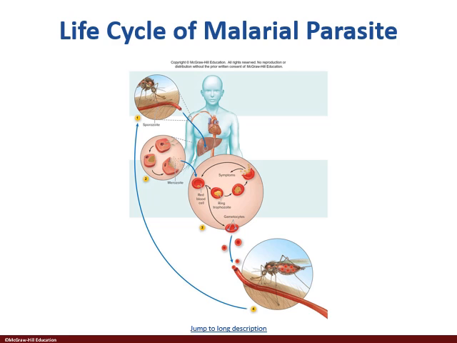They begin to leave the liver, entering into the bloodstream, and then infecting the red blood cells. Here, as it's going into the red blood cells, you will see a maturation process. One goes in, dozens come out, spread to neighboring red blood cells, and they go through this cycling as they begin to mature.